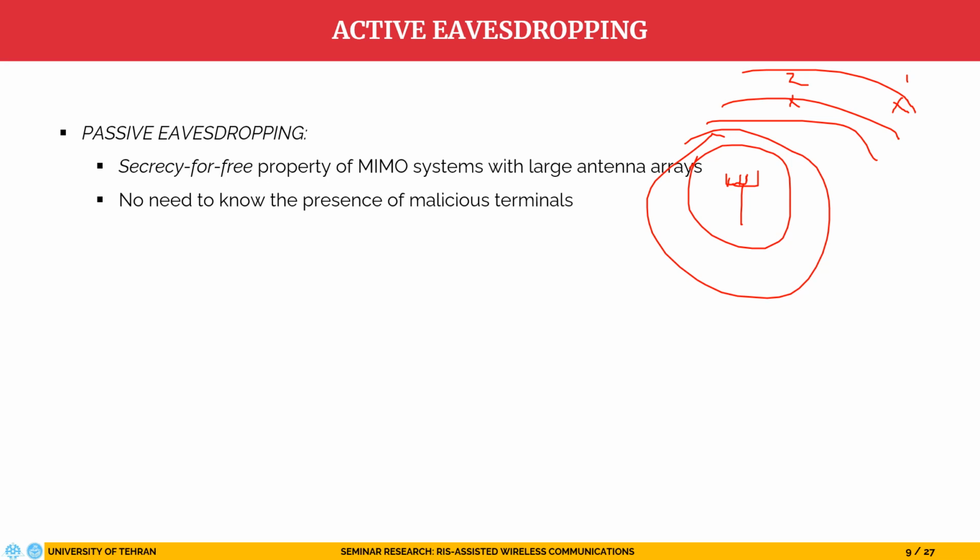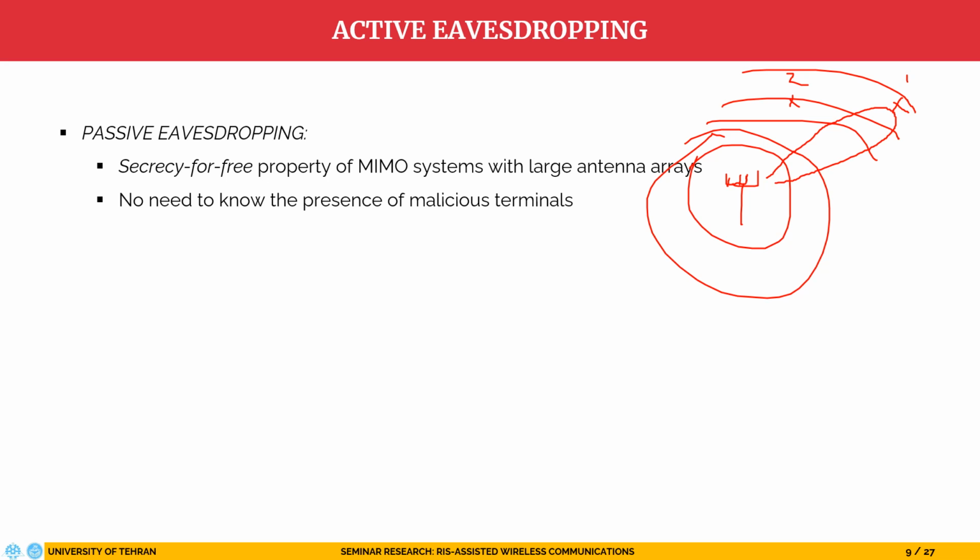But in MIMO systems, the base station can beamform the signal to the intended user. So instead of radiating the signal in all directions, the signal intended to be received by user 1 can be beamformed just for itself.